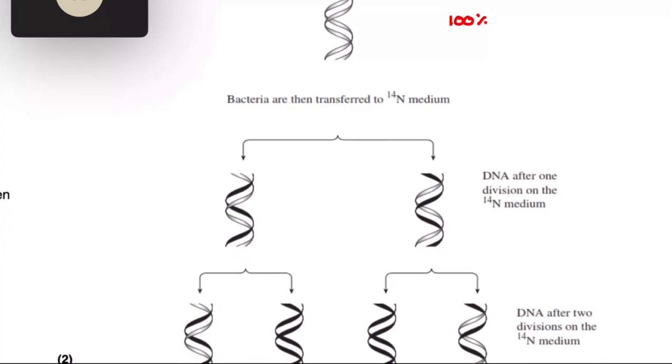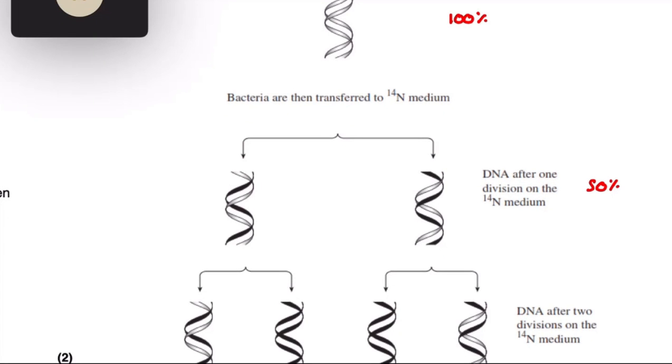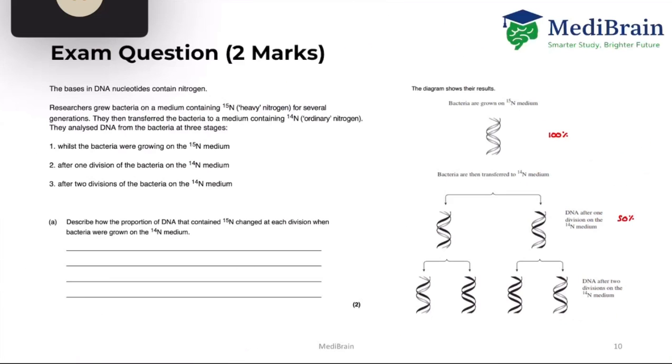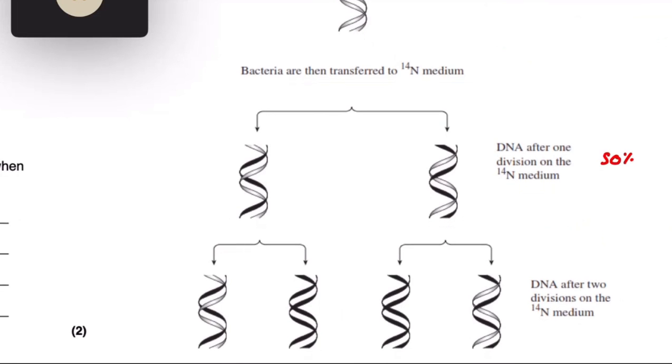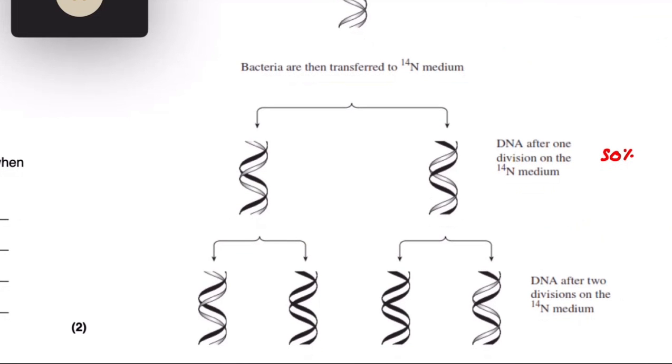Over here, we only have 50% of the DNA that has the 15N, because there's only four strands here, and two of them are 15N ones.